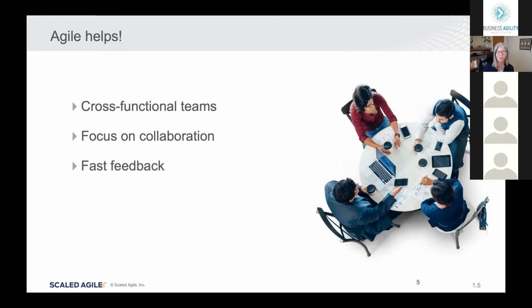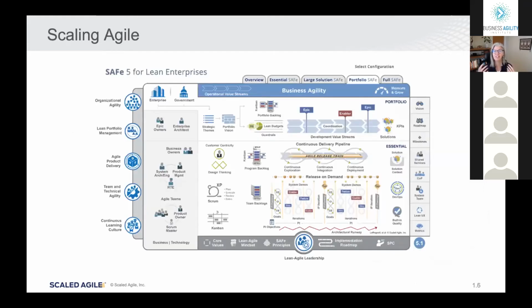So in the 20 years since Agile has emerged, we've also figured out how to scale Agile. So of course, this is the Scaled Agile Framework. There are other scaling frameworks out there, but of course I have a bias toward the Scaled Agile Framework. So if you think about the beginning of Agile, it's in this lower left-hand corner. You see the Agile teams, you see XP, Scrum, Kanban. So that's incorporated into the Scaled Agile Framework.